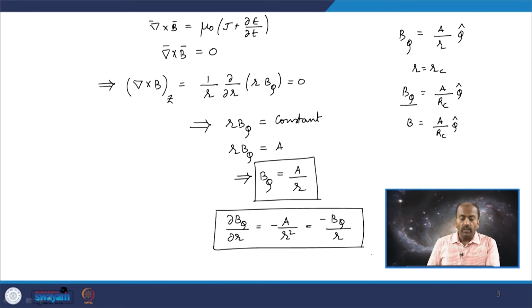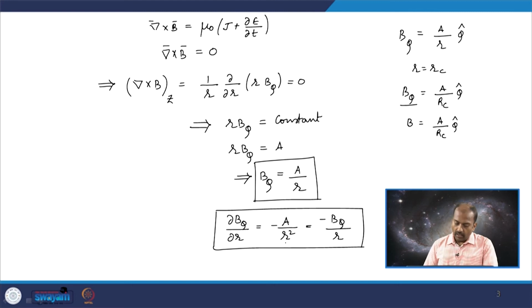Now, for the vacuum, in the absence of any source, any charges or any currents, we say that the del cross B will be 0. That means the z component of the curl that we have derived should also be 0. So, in that case, the magnetic field B phi, or you call it B itself, because B does not have any other components, B phi should simply be A by R. So, if B phi is A by R, ∂B phi by ∂R simply becomes minus A by R square.